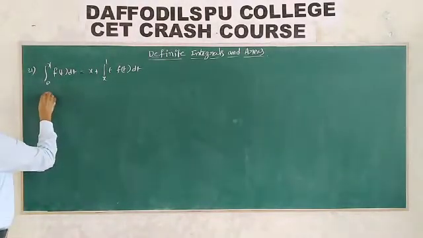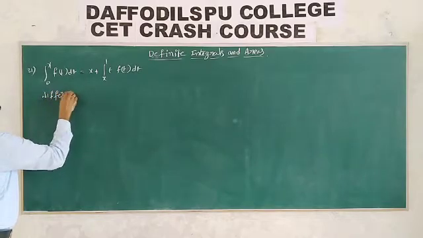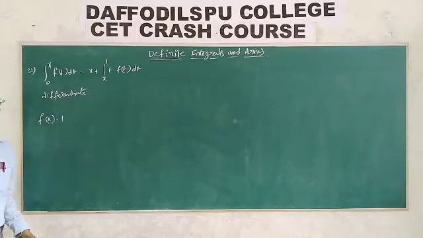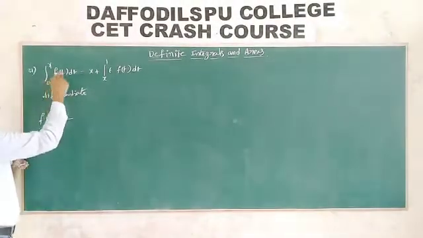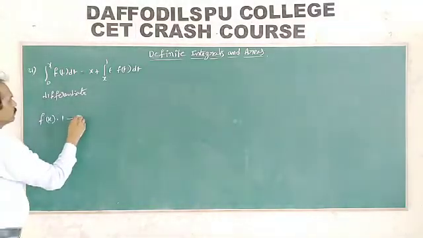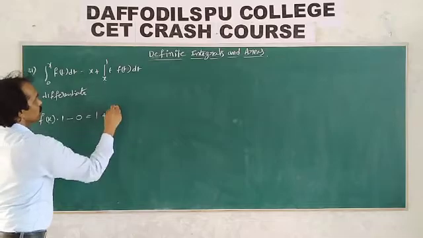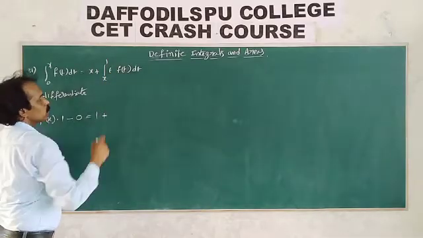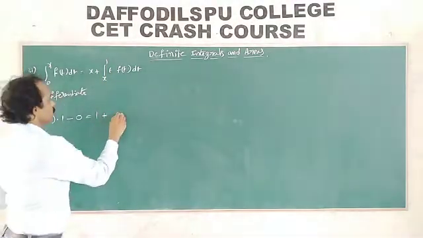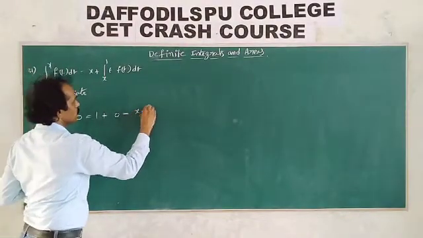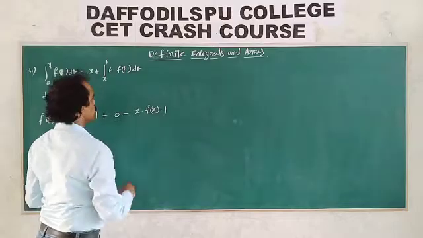That's why we differentiate. By the rule, f of x into 1 minus the lower limit substitution, f of 0 into 0, which is 0, is equal to 1 plus the differentiation of the second integral, where the constant gives 0. That is 0 minus the lower limit, which makes x into f of x into 1.